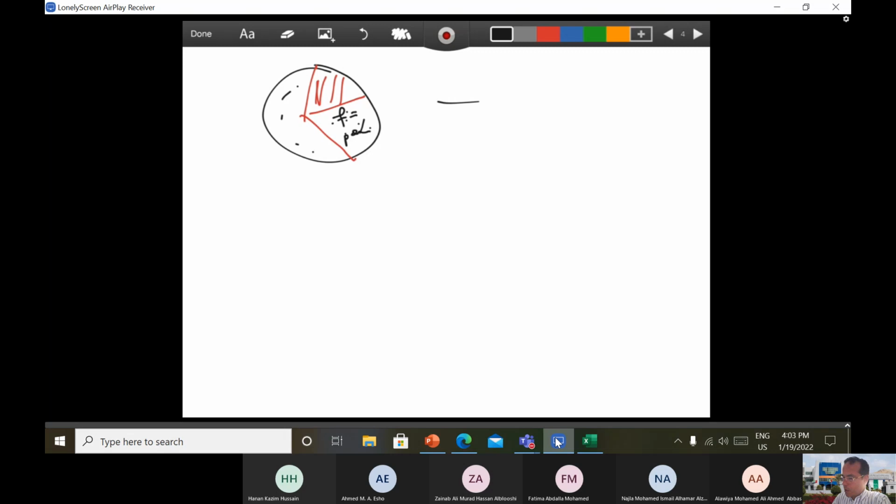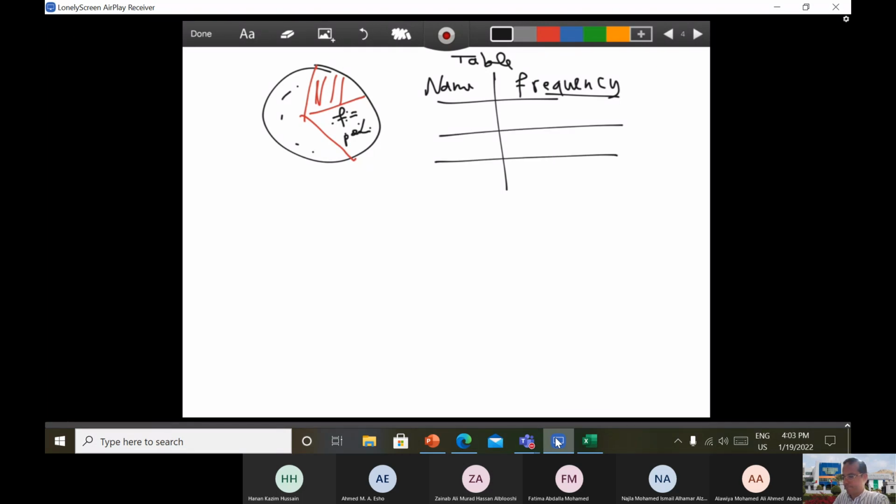So to have the pie chart, you should have a table, right? Here is the name of the part, and here is the frequency. Otherwise, you cannot graph them straightforwardly. Okay, if you do it by hand, you should do it like that, right?